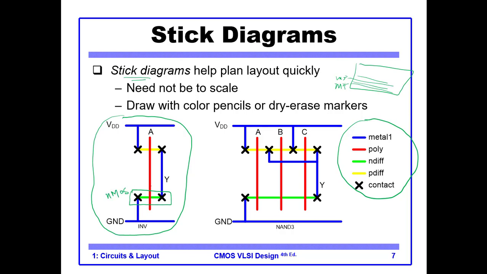Why NMOS? I told you, whenever you have this plus, and this one is the poly and this one is your diffused region, you have a transistor. So if this diffused region is N diffused region, then it is an NMOS, and if this is a P diffused region, it is a PMOS.